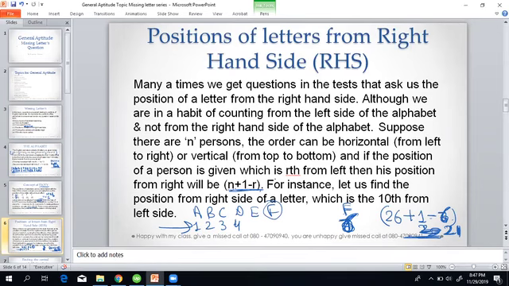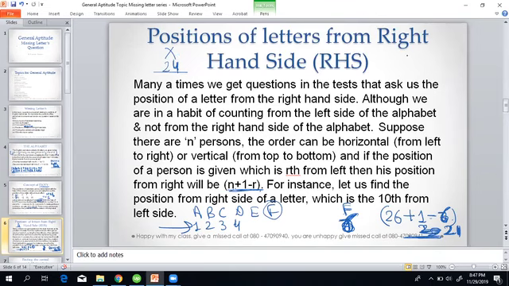Likewise, we can calculate for any letter in this way. For example, the position of X from the left hand side is 24, and we have to calculate the position of X from the right hand side.